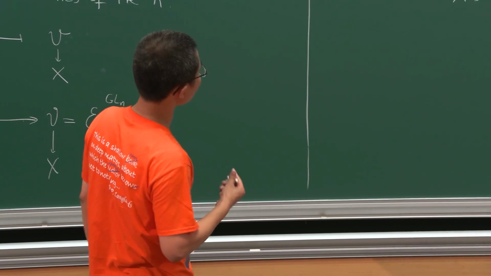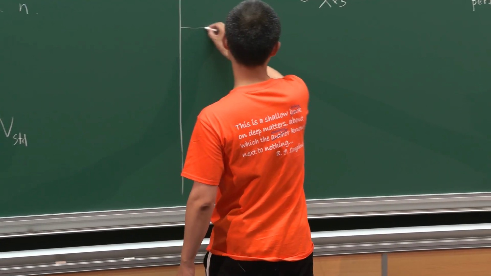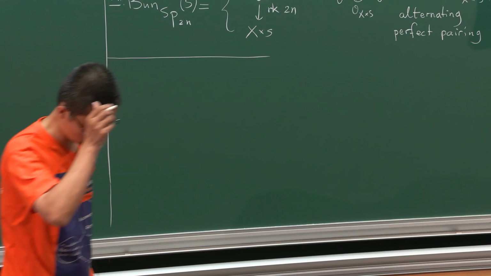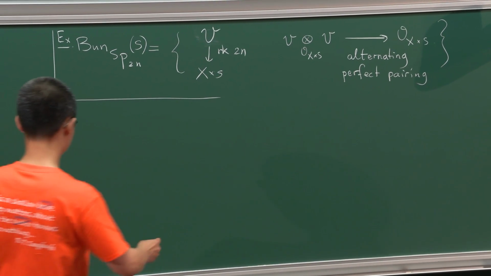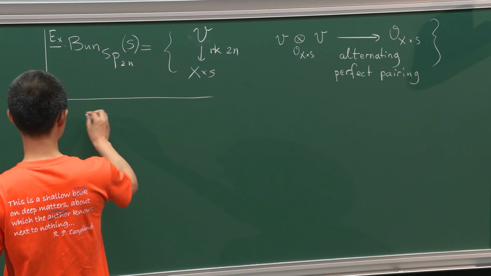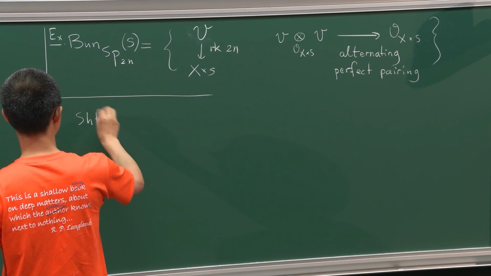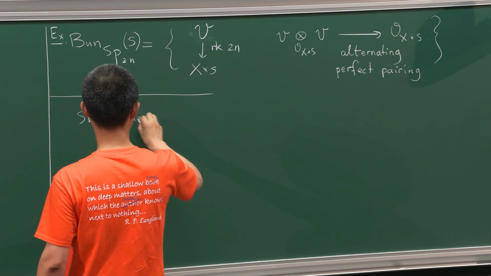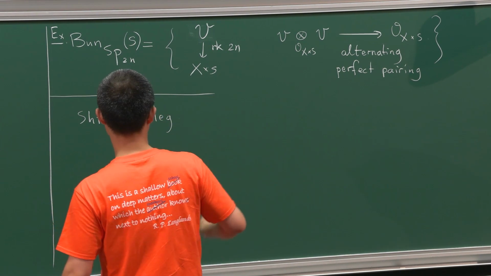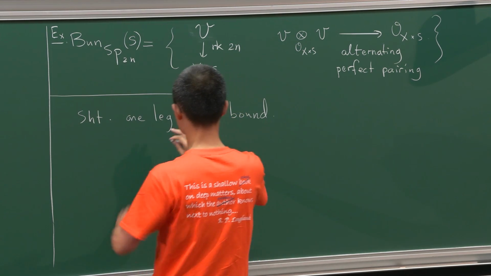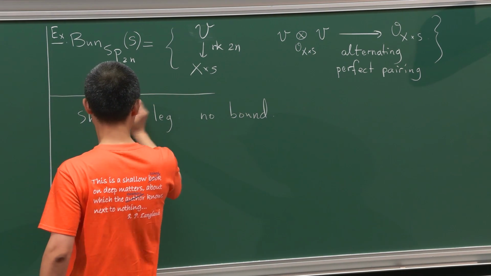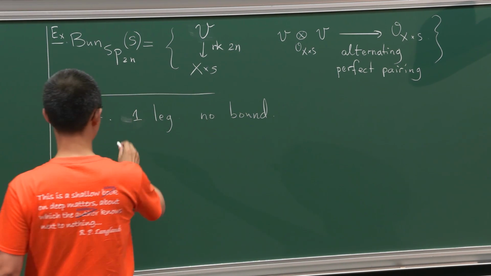Now, I will introduce Shtukas in several levels of complexity. Basically, first I will introduce Shtukas with one leg and no bound. I'll explain what these things mean.